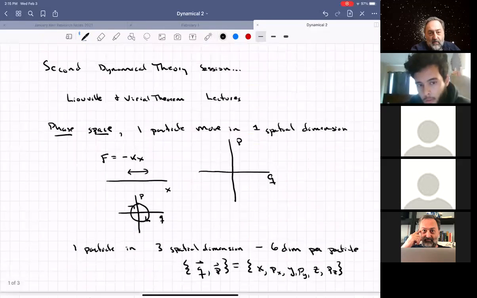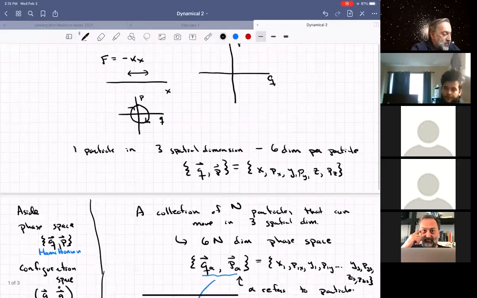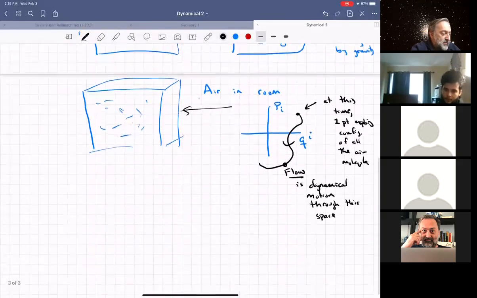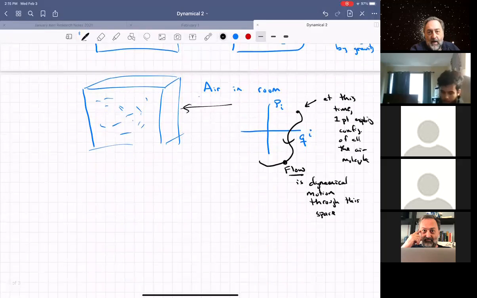With just the oscillator, we had Q and P where there was only one coordinate position and only one coordinate momentum. And so the flow was running around the circle, and any point on the circle was where that one oscillator was at that one time. And now what we're simply saying is, if I've got a whole bunch of particles, a point in phase space is the current state of all of those particles, their momentum and positions.